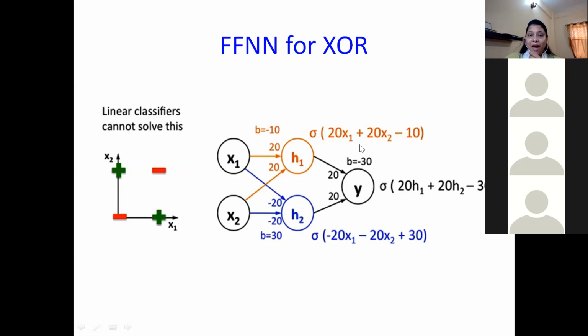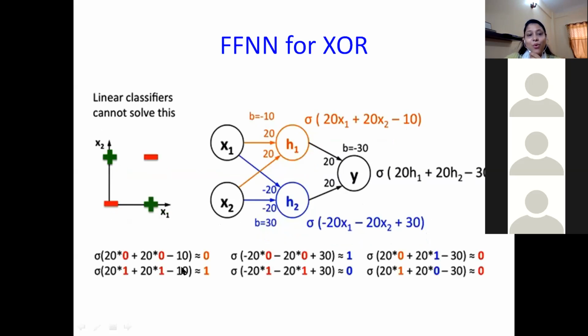Now we have achieved these three expressions. So what we need to do now is compute for all the input combinations, as we know how the perceptron works. We can have 4 input combinations.